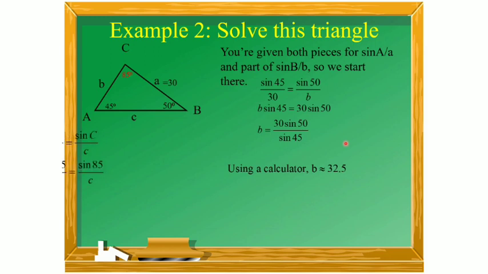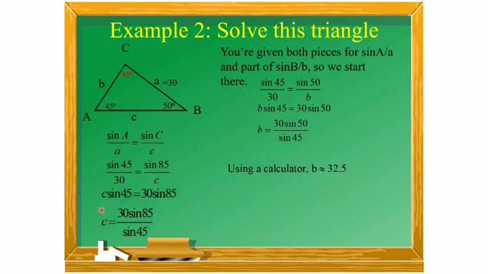Next, sine A over A is equal to sine C over C. So this is an equation to solve for the value of C. And then substitute the values. So sine 45 over 30 is equal to sine 85 over C. C is our unknown, the side C. Next, cross multiplication.